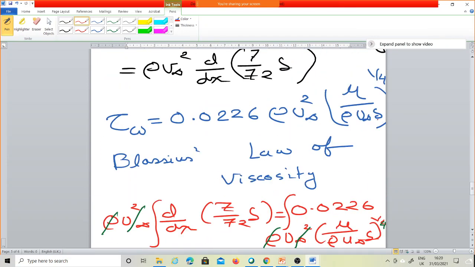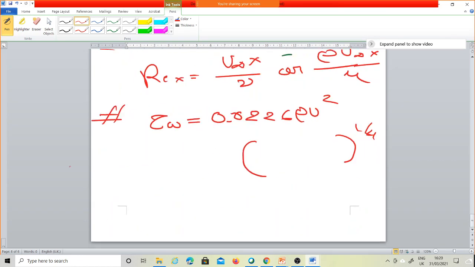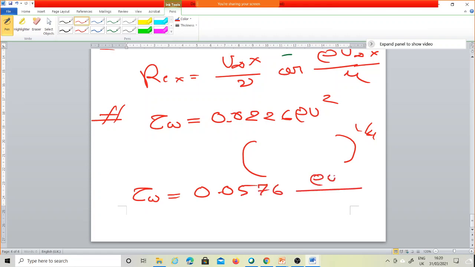Okay, you just put the value of delta and then you will simplify it. The expression that you will get, I am writing it down for you: 0.0576 rho u square over 2, Rex to the power 1 by 5.